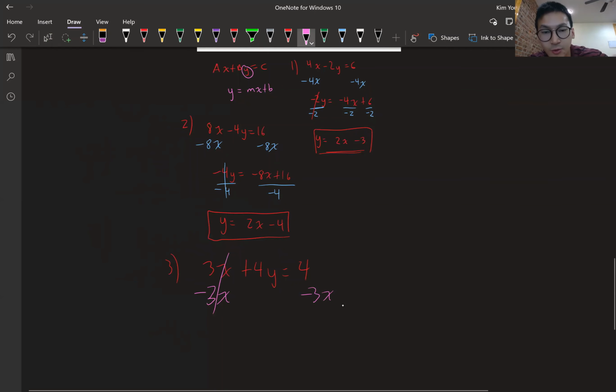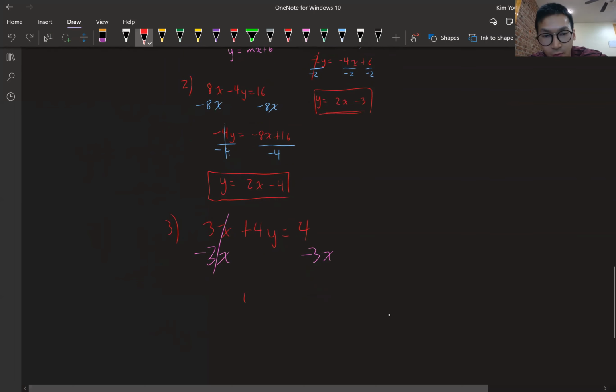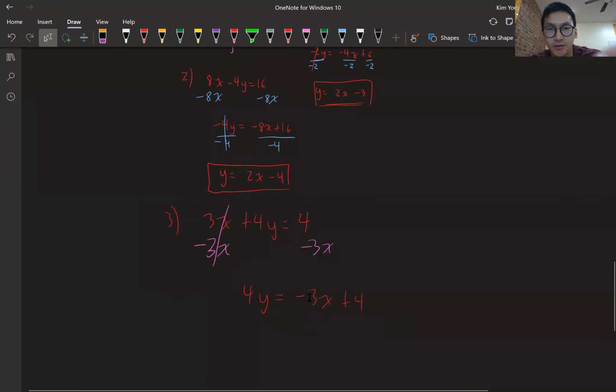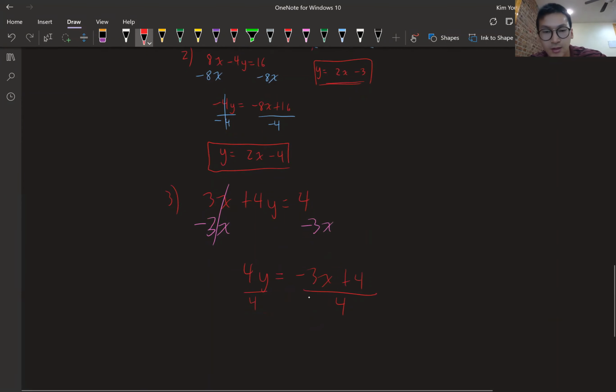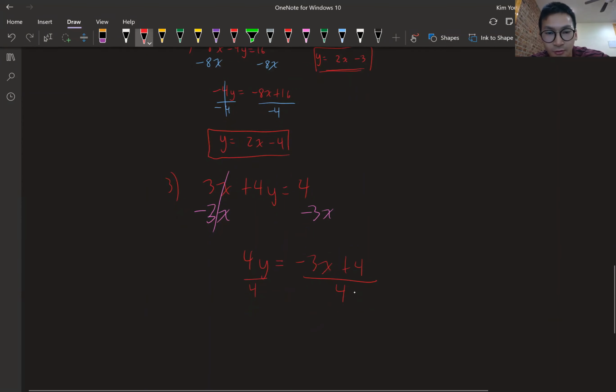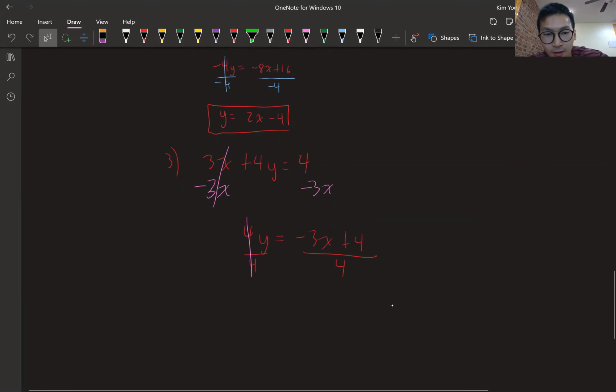So this goes away, and then you're going to get 4y is equal to negative 3x plus 4, almost there. Then we got to divide by 4 on both sides, and the fours cancel out. I should have done it in pink, sorry. You get y is equal to this thing.